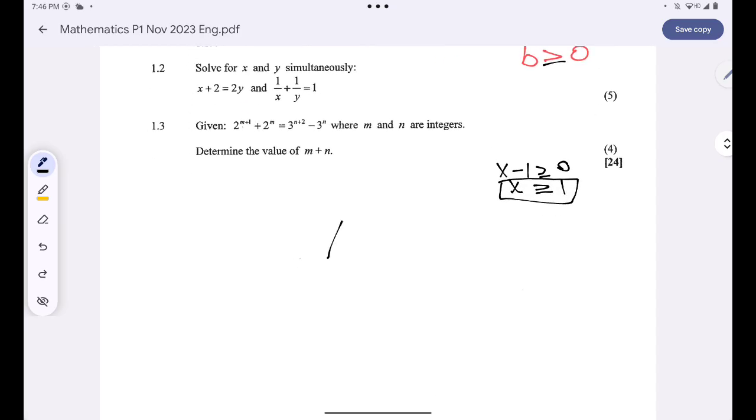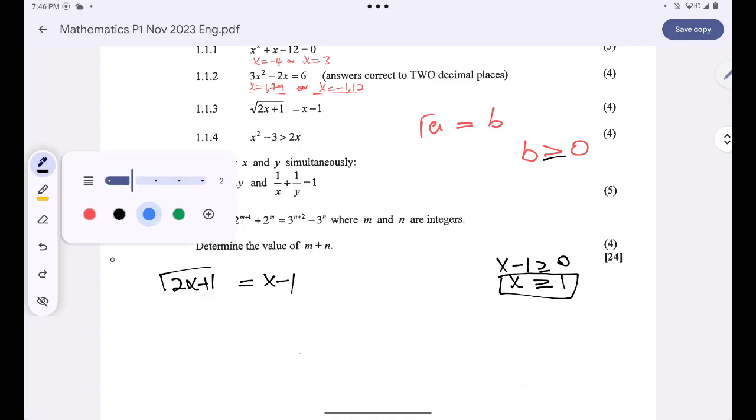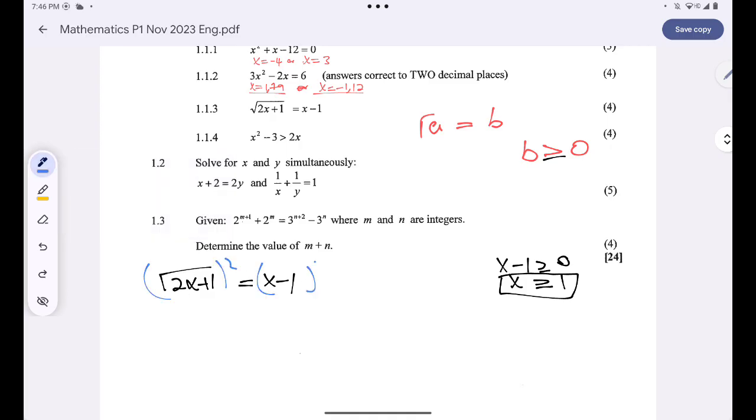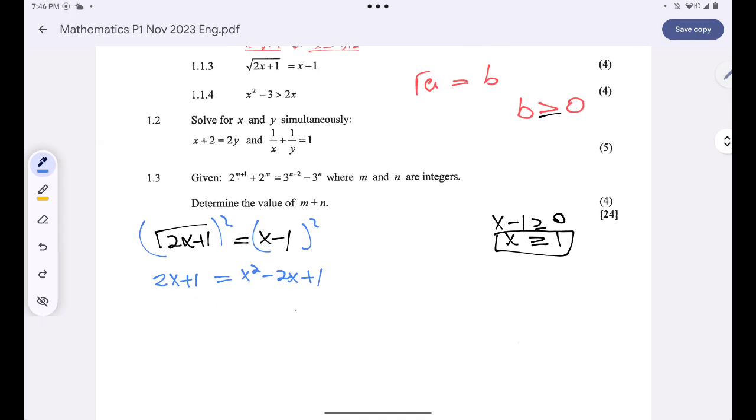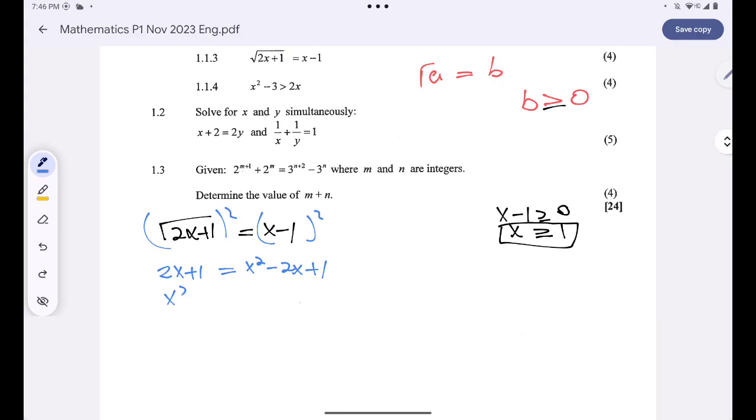Okay, so I'll simply have 2x plus 1 is equal to x minus 1, right? I'll just square both sides for me to remove the set, right? And then I'll have 2x plus 1 is equal to x squared minus 2x plus 1. Then all I need to do is to make sure that everything is in standard form. I'll have x squared minus 4x is equal to 0.